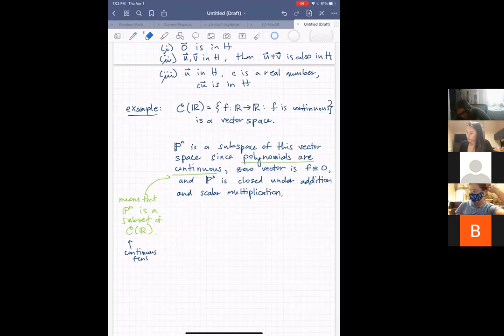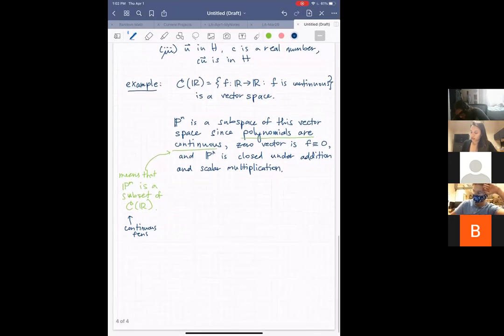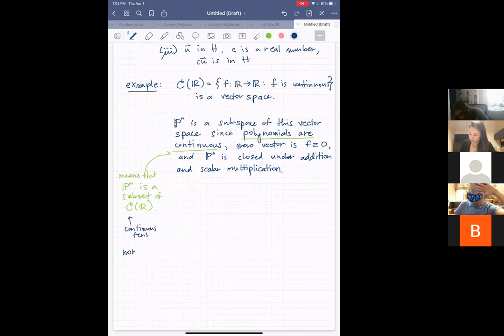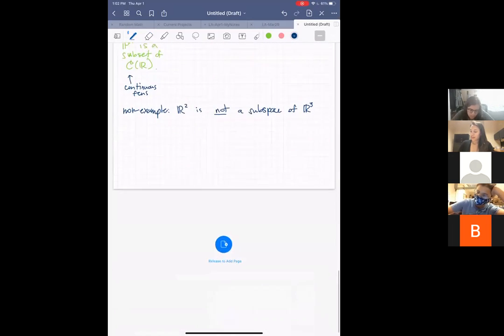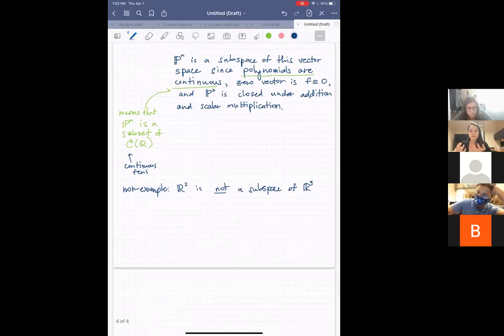Okay, so there's an important non-example to be careful of. R2 is not a subspace of R3. And that is because they are made up of different objects. The vectors themselves, the things that make up those two spaces, are completely different, right?